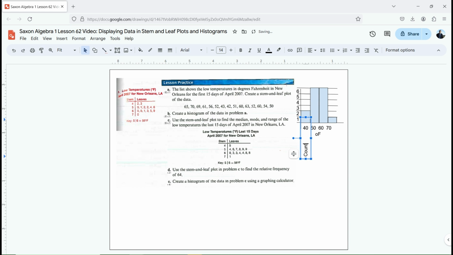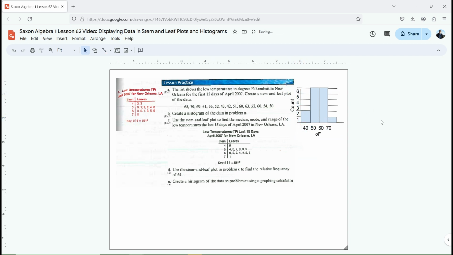It's the count of the number of days that fit the range of values, okay? And that's going to be true for all histograms. The y-axis is always going to be a count. How many days were there? 1, 2. This is different because, for instance, a graph of this data might have the dates along the bottom and then bars that reach up to the temperature.